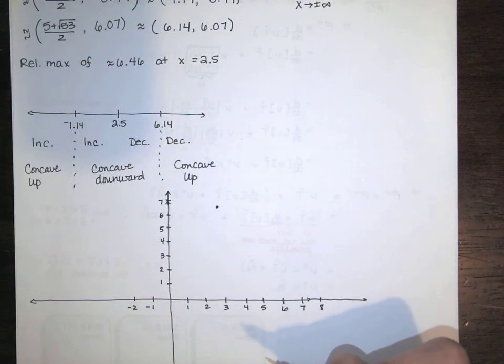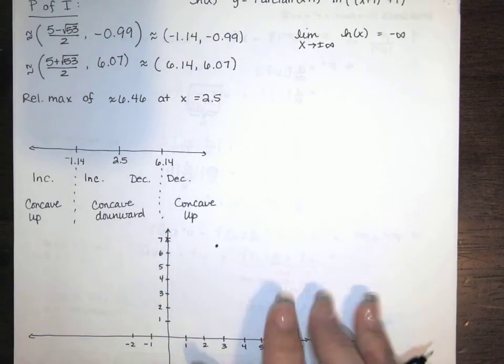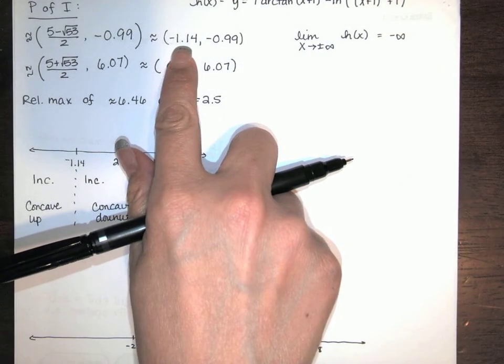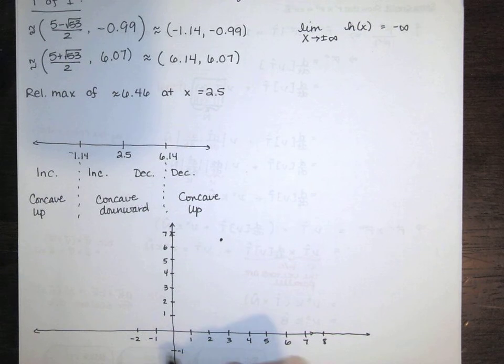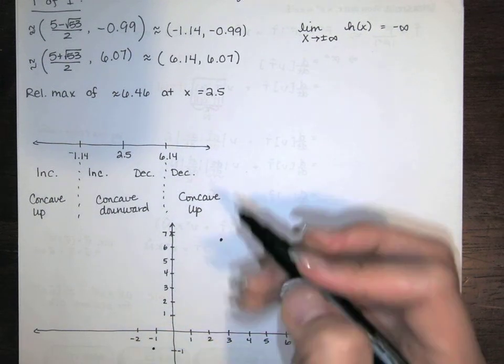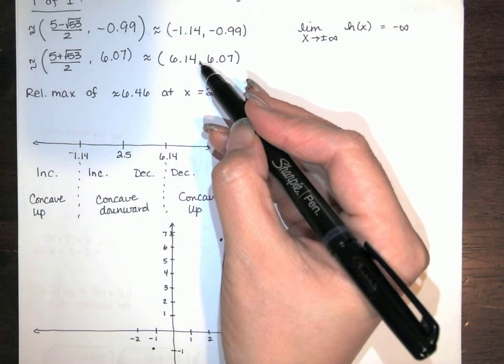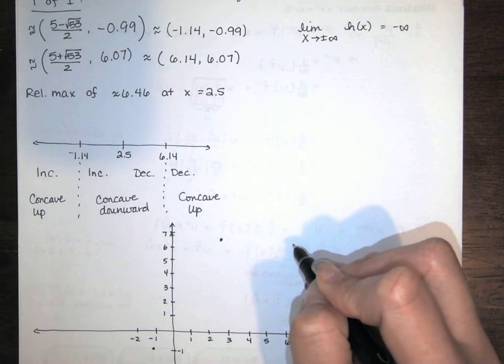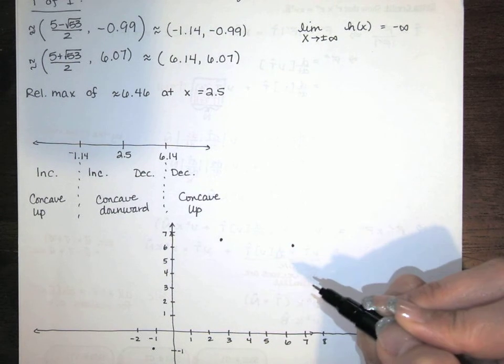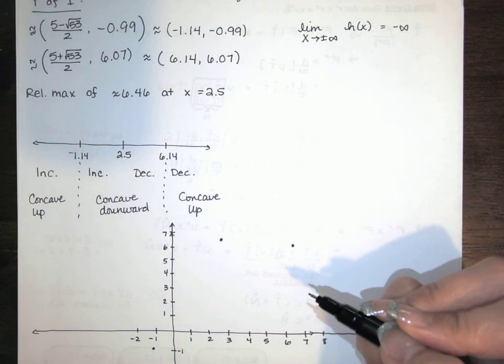That's my relative max. And at x equals negative 1.14 and y equals about negative 1 as well, we have a point of inflection. And at this point, x equals 6.14, y equals 6.07, we have a point of inflection.